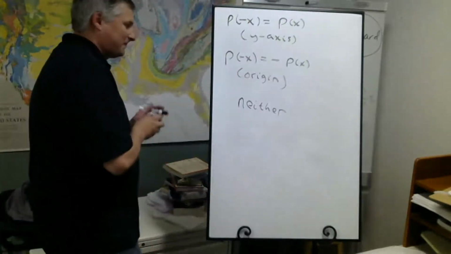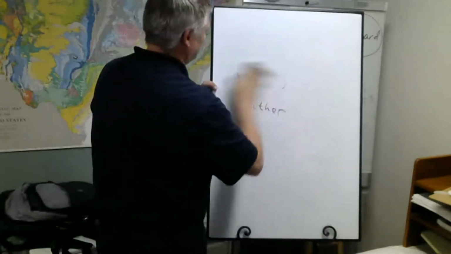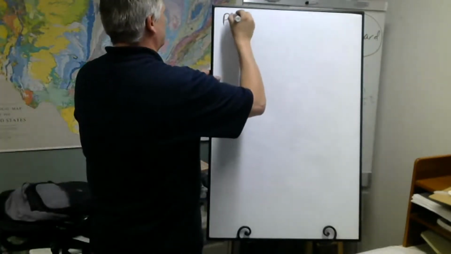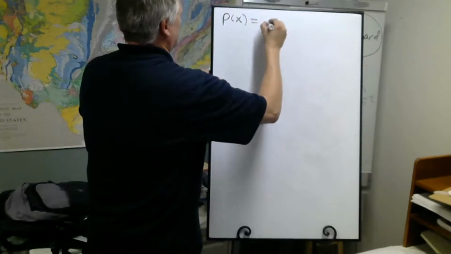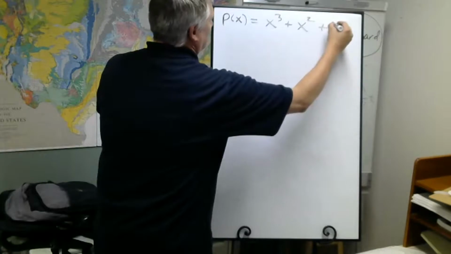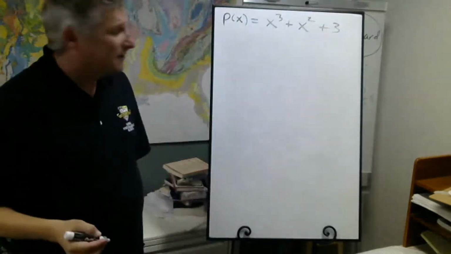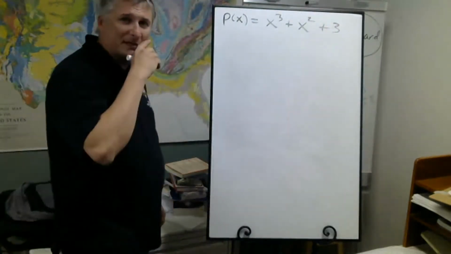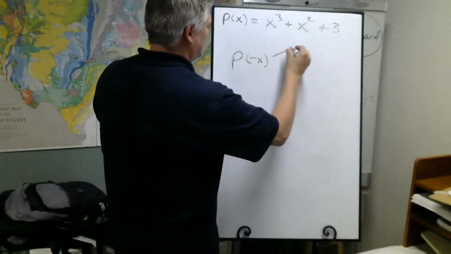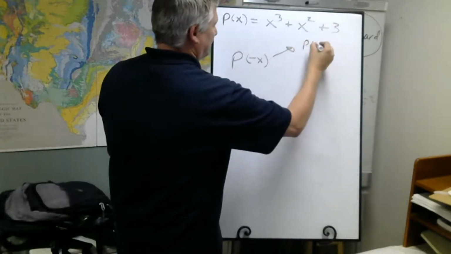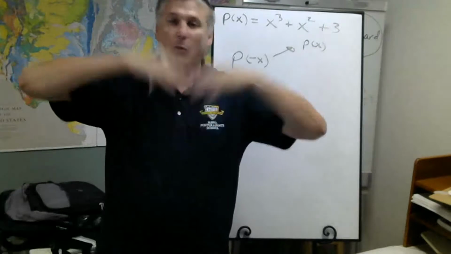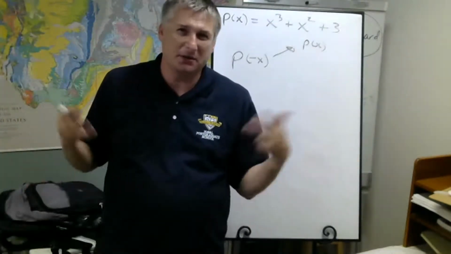Sometimes symmetry can help, but let me go through an example with symmetry here. Let's say we have something like this. So the way you test symmetry, you put in p of negative x, and this will simplify either to just p of x, where the negative sign just disappears. Like if you square the negative sign, it goes away.